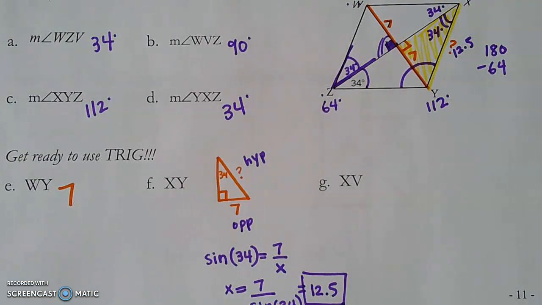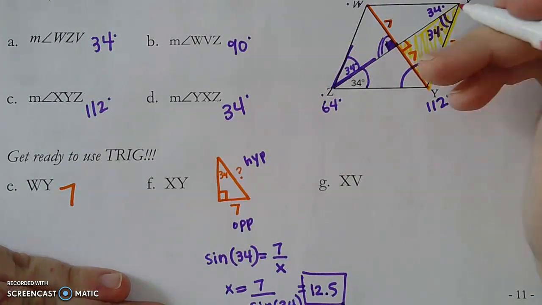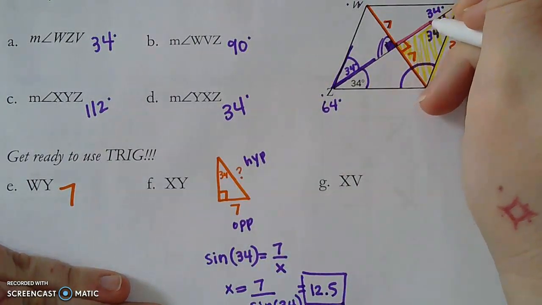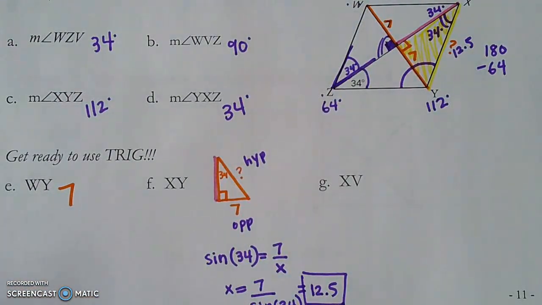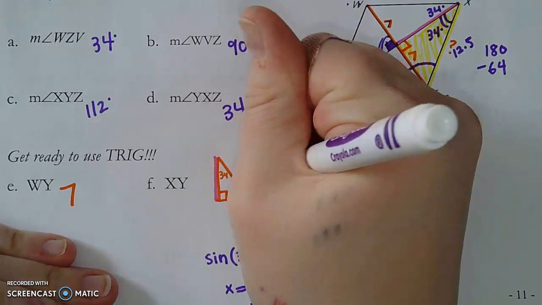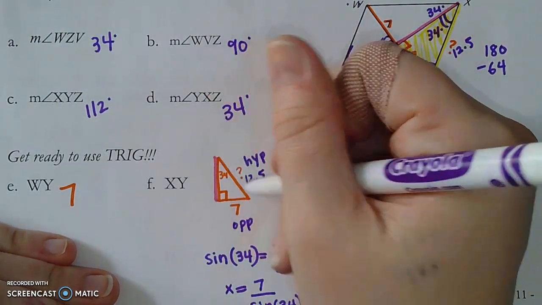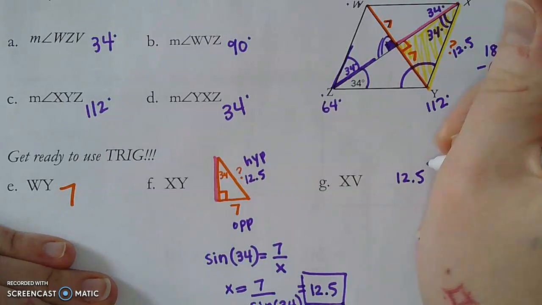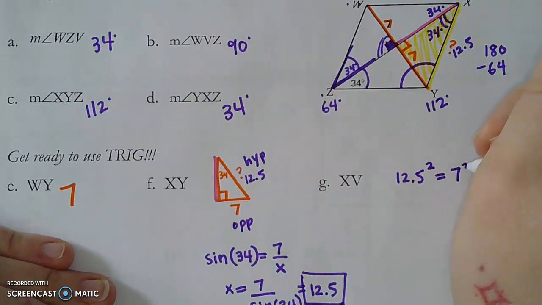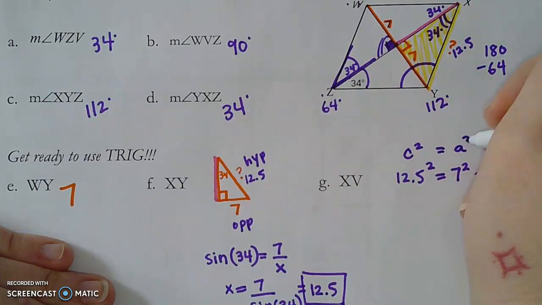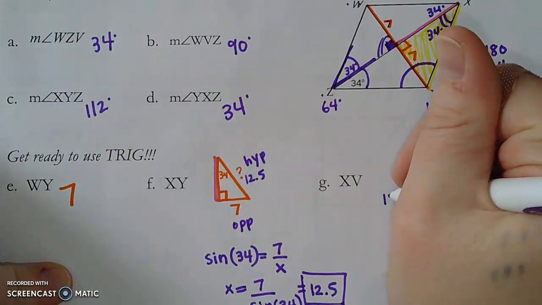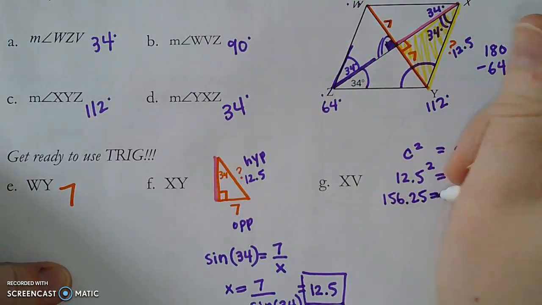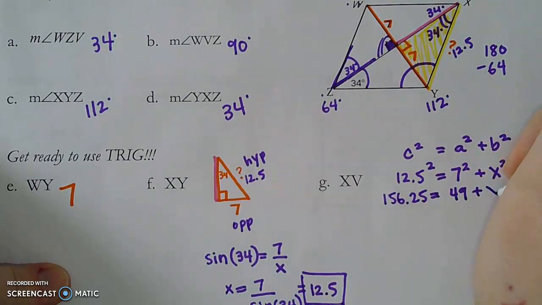And last but not least, XV is this right here, which I notice is the height of the triangle. I already have two of the sides: my hypotenuse is 12.5, and I have 7, and I'm just finding the last side. So this is just using the Pythagorean theorem. With a little bit of simplifying, 12.5 squared is 156.25 and 7 squared is 49.